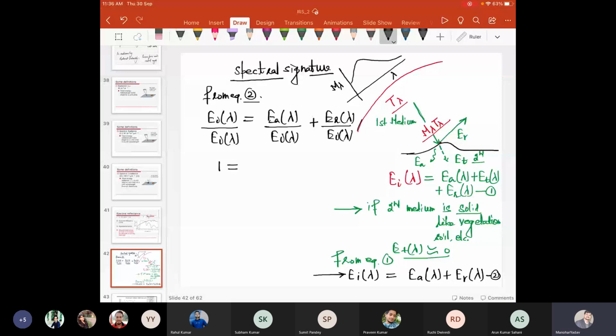This is 1, and I think what symbol I used in the previous lecture for reflectance. Alpha, no? Okay. Even in a book you can find a different notation, so you just need to understand. It's reflectance, so any notation can be used for that. Alpha, should I write it? It is a function of wavelength.